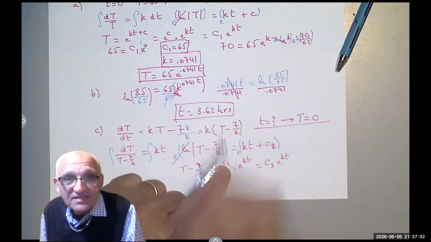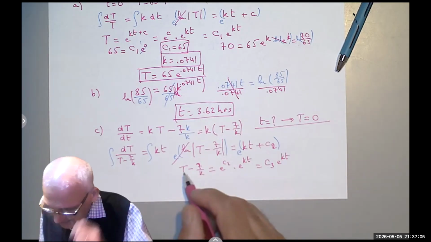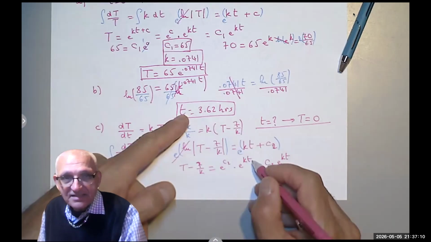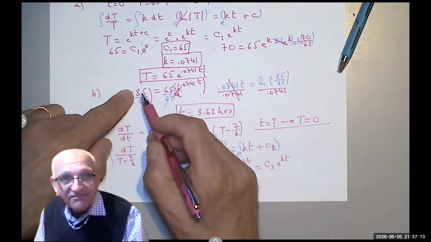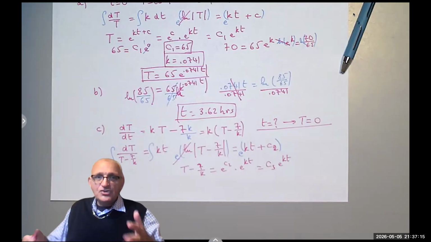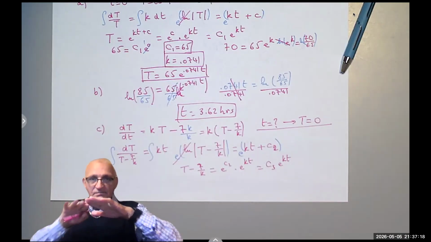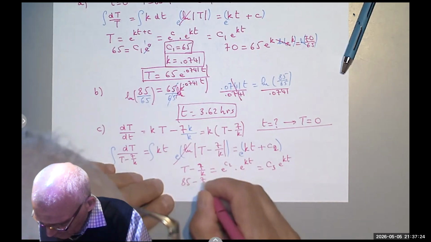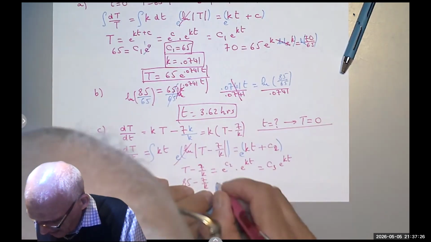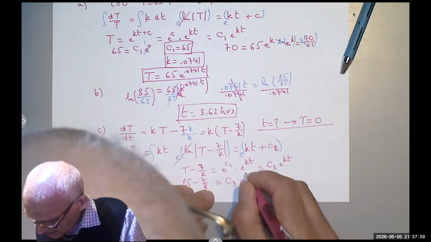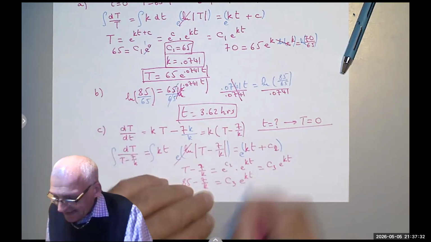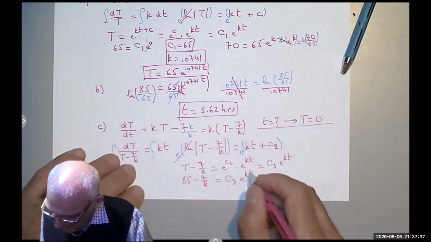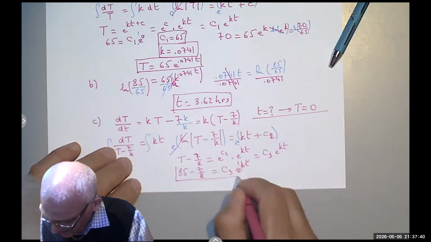So at t equals 3.62, I don't care about that, but this t becomes 0 because I said, after it reached 85, I started the fan. So now I'm calculating a new time. This is my time 0, right? This is 85 minus 7 over 0.0741, whatever, equals C3 e to the kt, but now t equals 0, so that is 1, so this is C3.